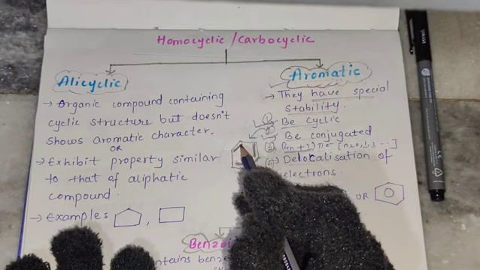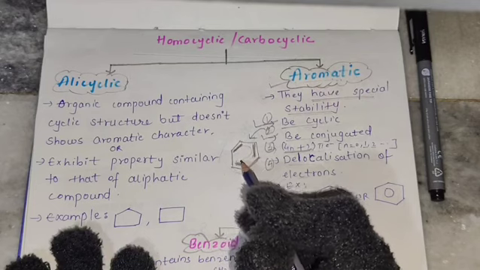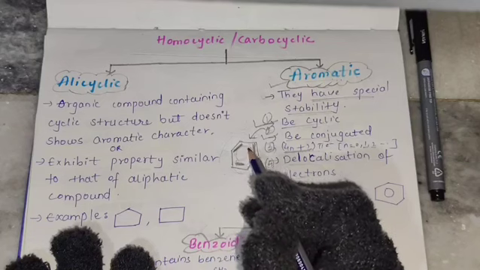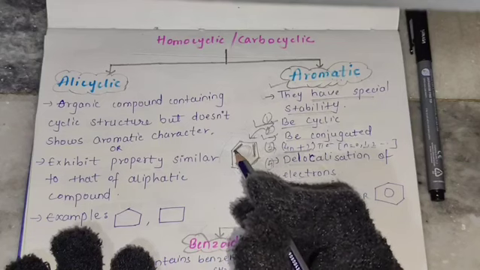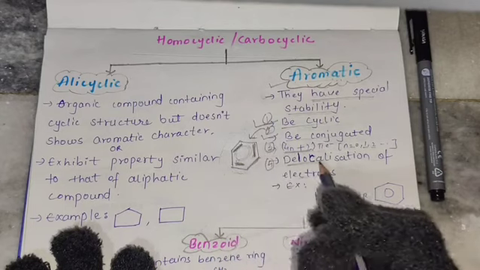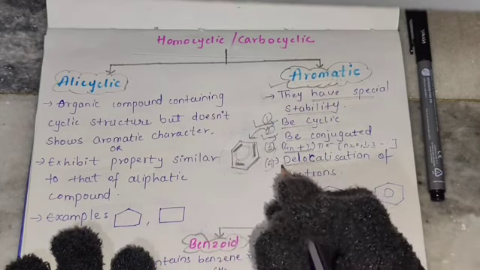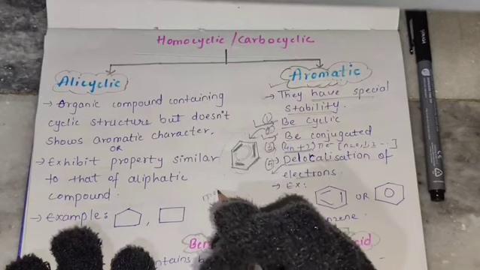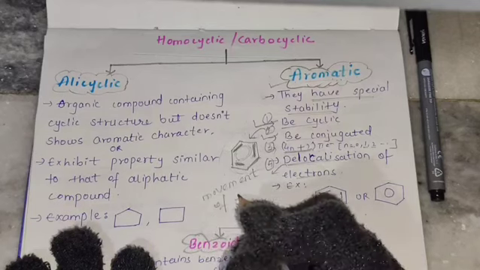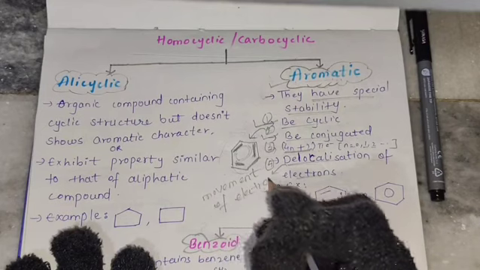Okay, if these electrons move inside a ring, then that movement of electrons inside a ring is called delocalization. So it is a movement of electrons inside a ring.